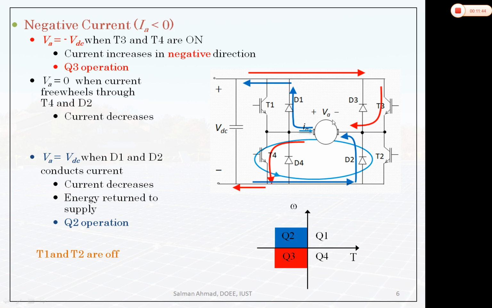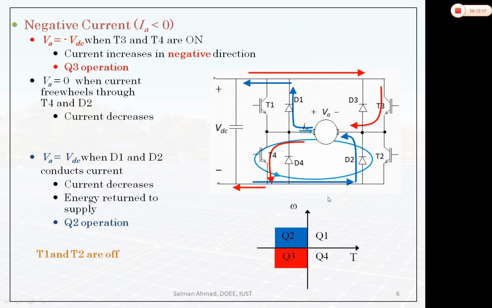Current is negative and armature voltage is positive, so that will be the forward regenerative braking mode, the second quadrant operation. Negative current and positive voltage multiplication will be negative, so power is negative, that means the power will be fed back from the motor to the source. So this is quadrant 2 operation.